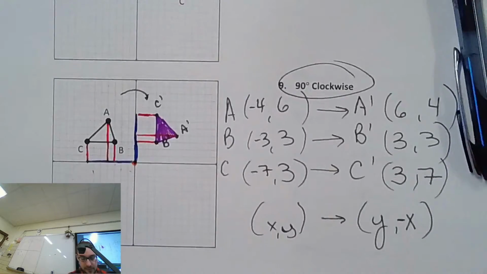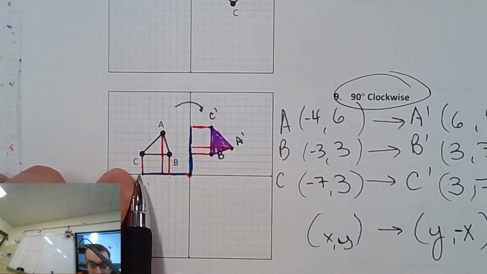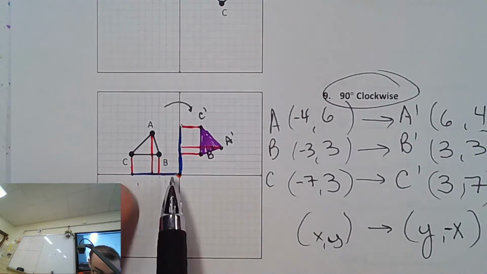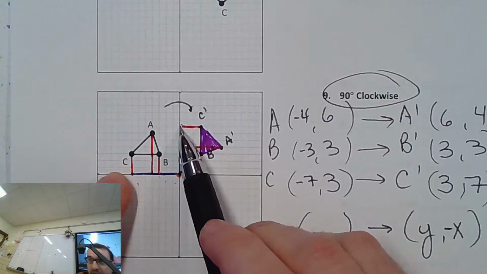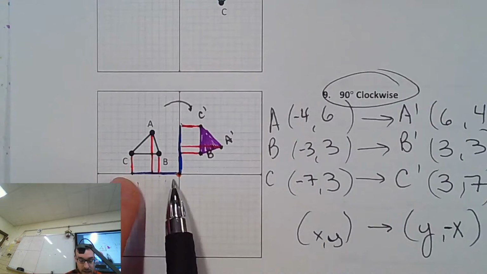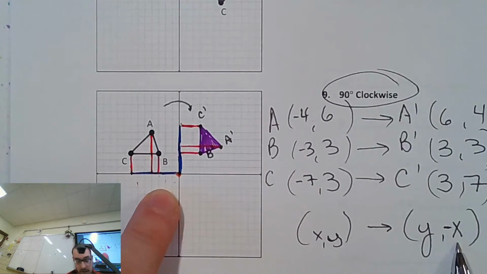Down here, what once was horizontal is now vertical, so x's and y's trade spots. This guy was negative, now he's positive. What once was horizontal and positive is now vertical and negative.